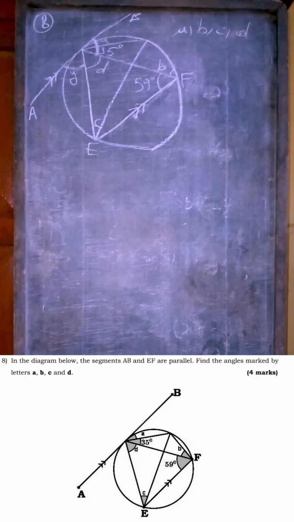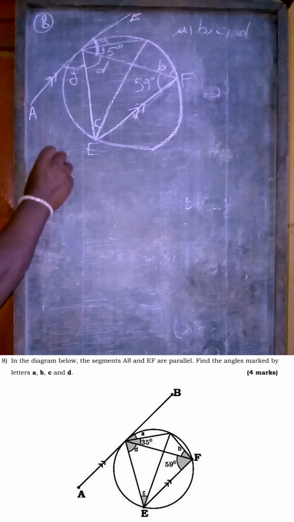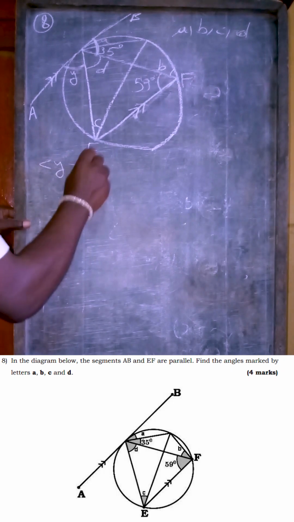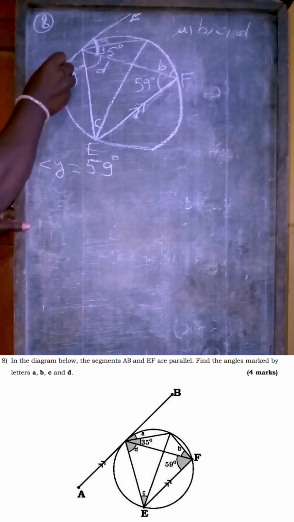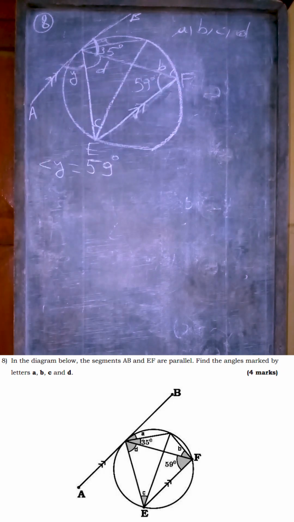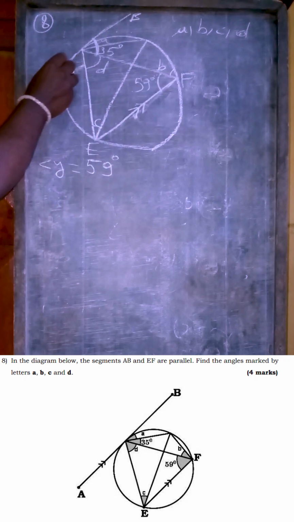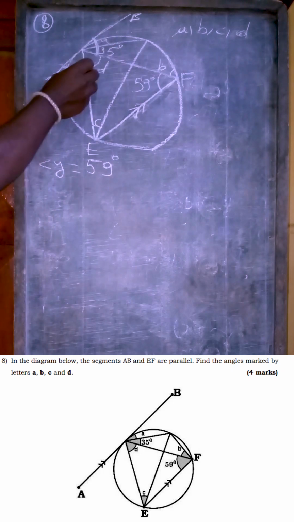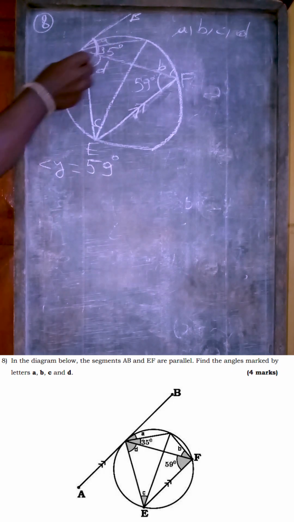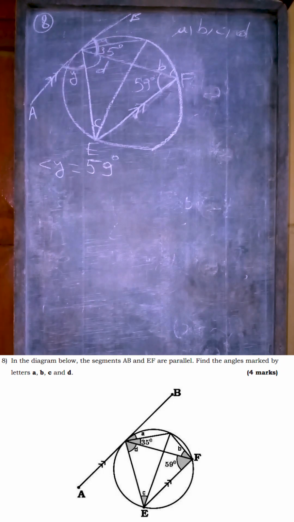I think that you remember in the properties of the circle, the angle Y is equal to 59 degrees, because this Y is equal to this angle. And also, because this line is parallel to this, the angle Y is also equal to this angle. Those two angles are equal, as you see.